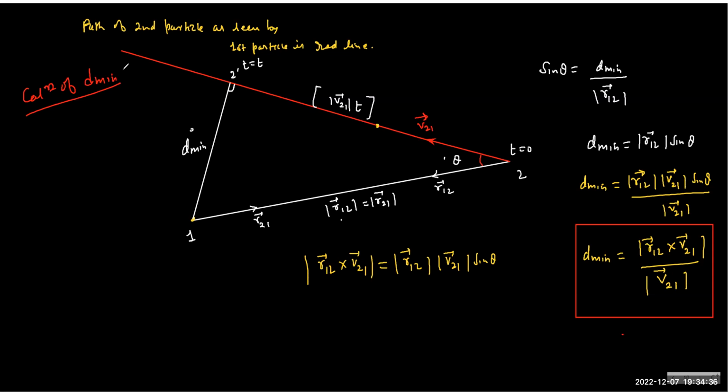If R12 cross V21 is 0, it is 0. If it is non-zero, it means non-zero. Okay. So this vector method is a powerful method to solve many questions with ease, but that requires some practice also.